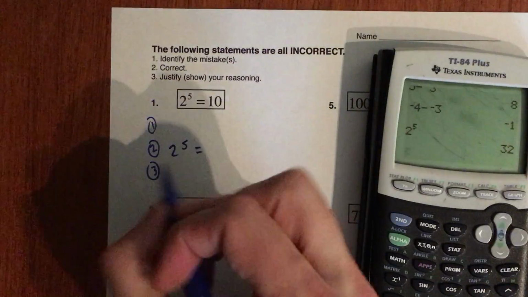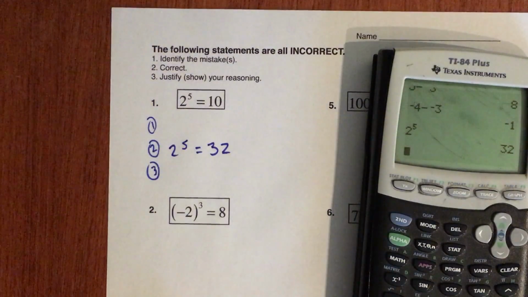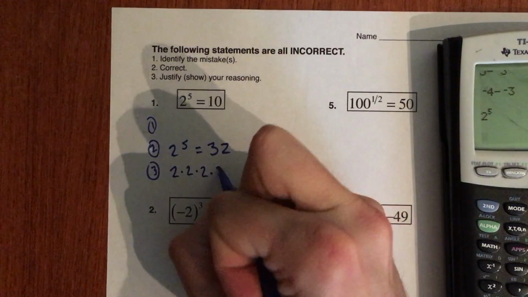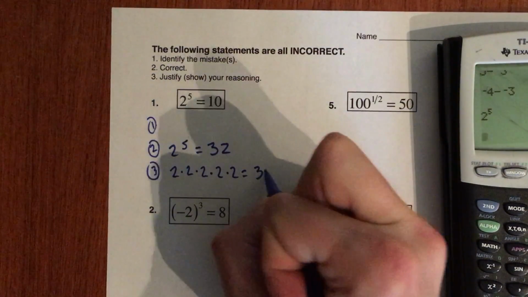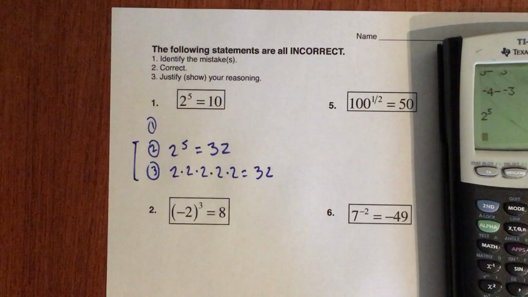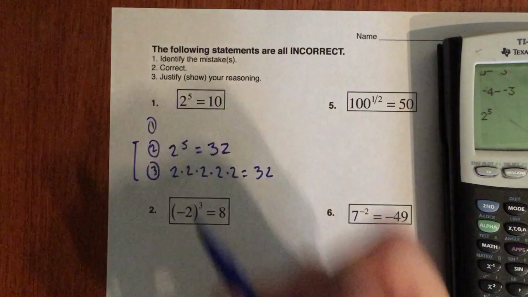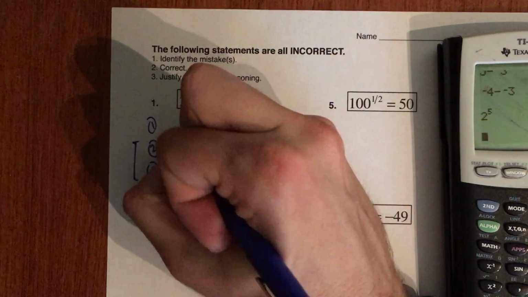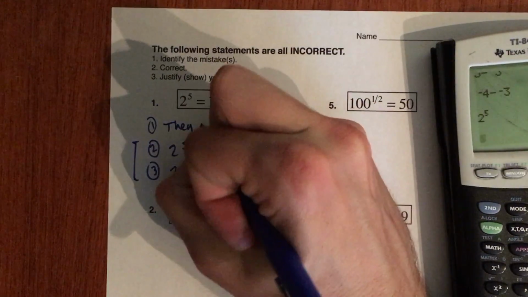I get 32. And the reason I get 32 is because 2 times 2 times 2 times 2 times 2 makes 32. So sometimes the justification and the correction is going to look very similar. But identifying the mistake: how did they get from 2 to the 5th to 10? Yeah, they multiplied.